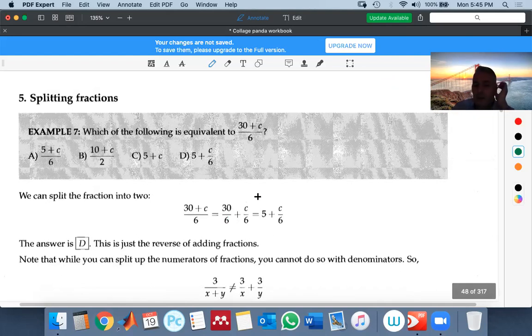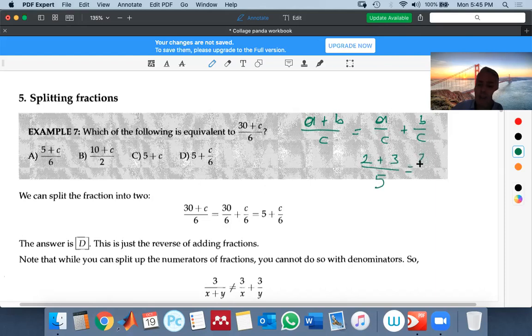Okay. Now, what about this? So it's so simple. Just think of this in your mind. A plus B over C is equal to A over C plus B over C. For example, 2 plus 3 divided by 5 is equal to 2 over 5 plus 3 over 5.